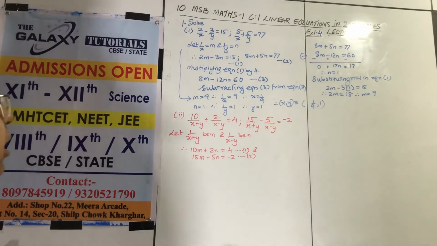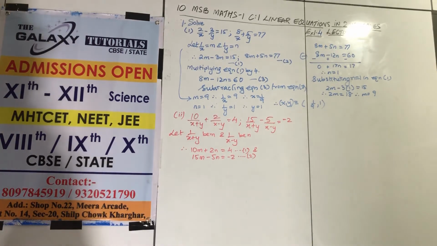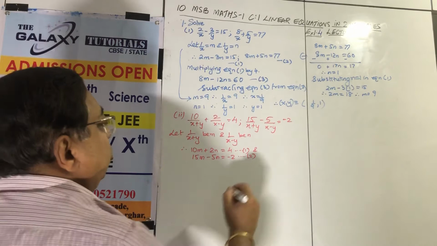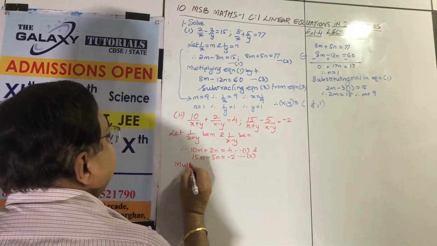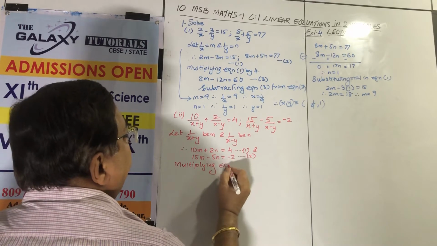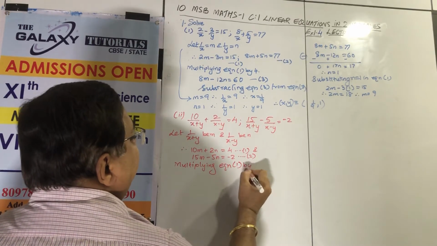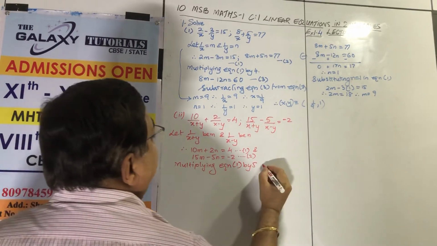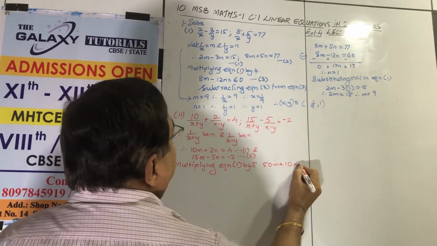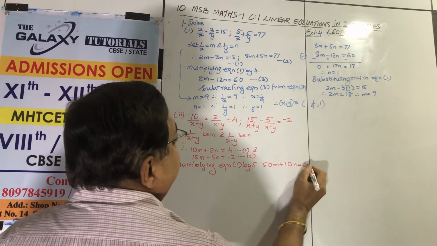So we will multiply equation 1 by 5 and equation 2 by 2. So I will get 10 and 10, which will cancel. So multiplying equation 1 by 5, I will get 50m plus 10n is 20.